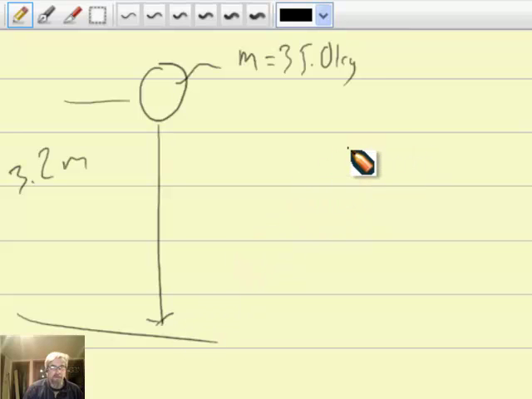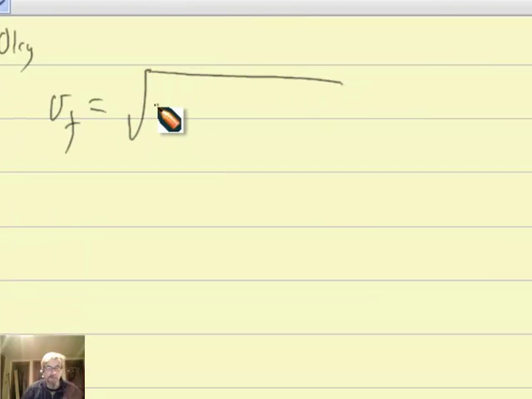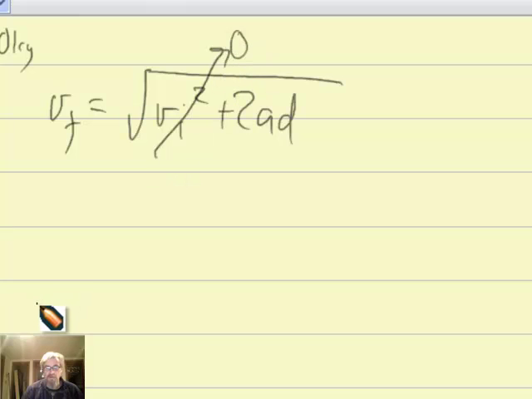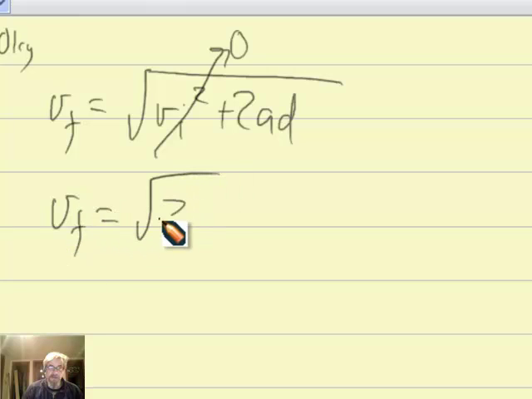Well, final velocity in all accelerated situations is going to be square root of initial velocity squared plus 2 times acceleration times distance. If this person begins to fall from rest, we assume that's true because we don't have any other information, then initial velocity is 0. So final velocity is just the square root of 2 times gravitational acceleration, because that's what's acting here as they fall, times the distance.